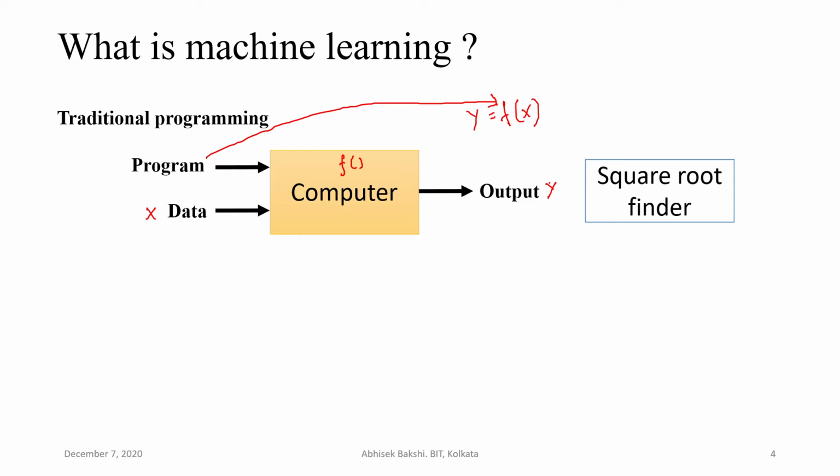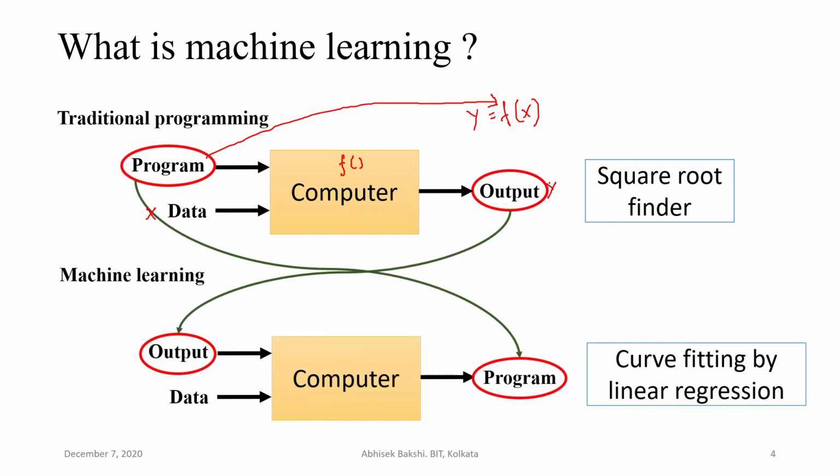Now assume a situation where you don't know the program, but you have some data of x and data of y. Can you build the program from there? The question is this. So if you exchange this, that is where machine learning comes in. What is machine learning? Here the machine learning will work.